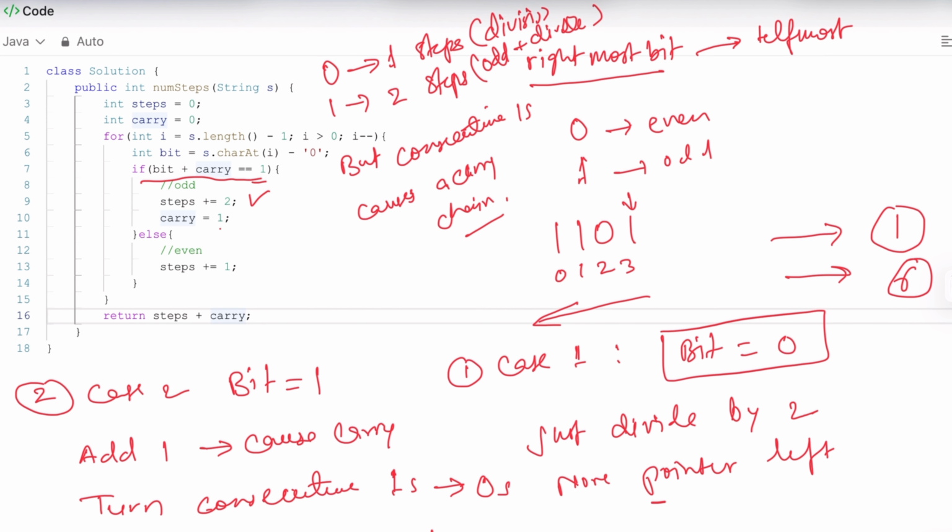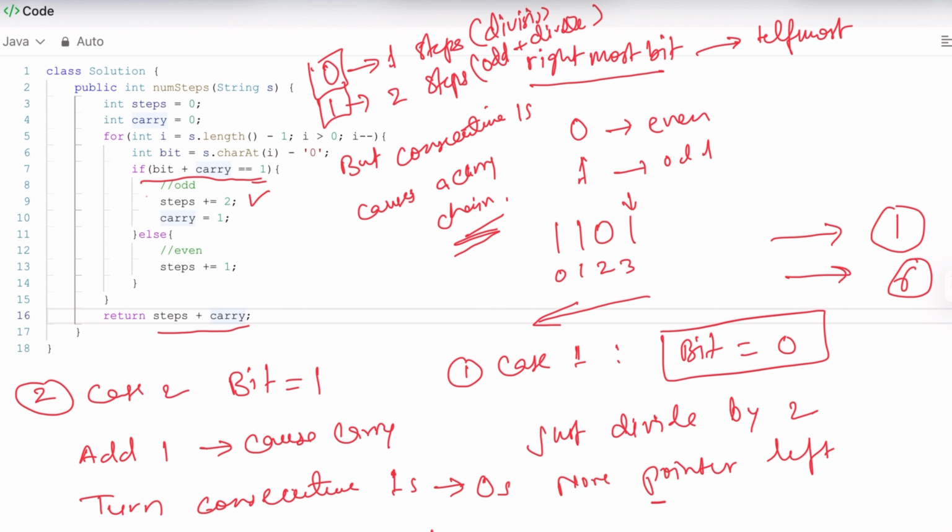But if we have consecutive 1s, that will cause the carry, so we have to carry the chain. So these are the simple steps to understand the intuition: every 0 bit gives 1 step, that is division. If we have 1, it gives you 2 steps, add and divide. And if any consecutive 1s come, it gives you the carry chain.